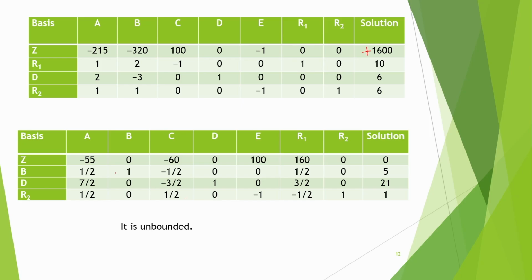If you get it like that, then Z is equal to this solution, D is equal to 21, and R2 is equal to this one. If you encounter that type of situation, you will get one column in which there may be an entering variable, but there is no leaving variable, because everything will become negative.